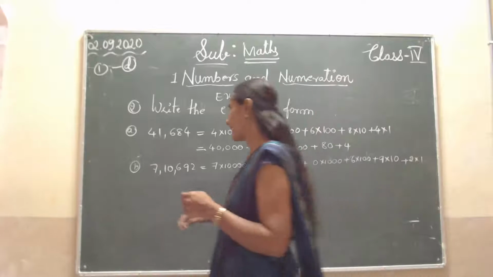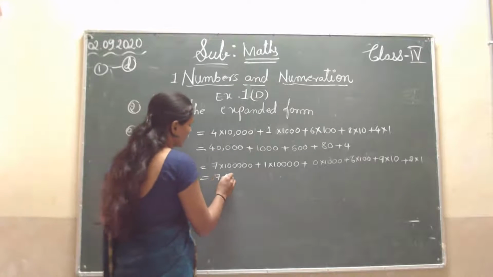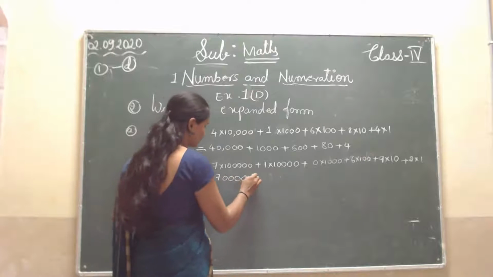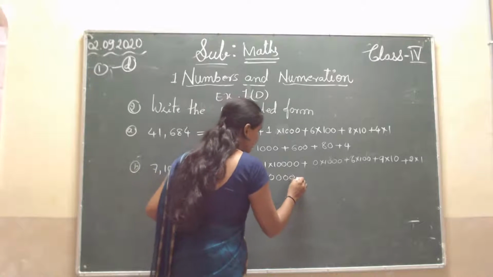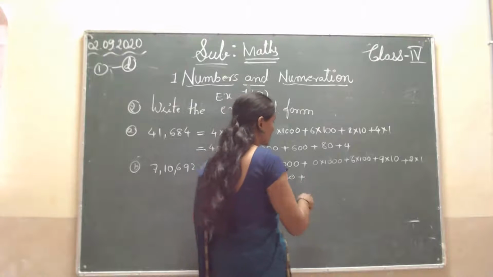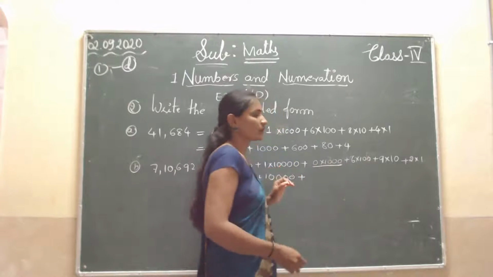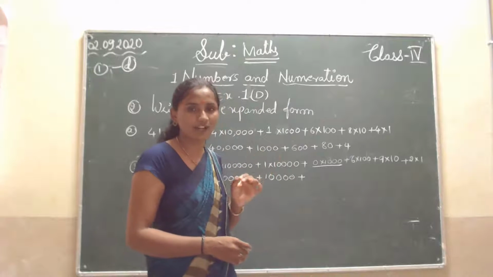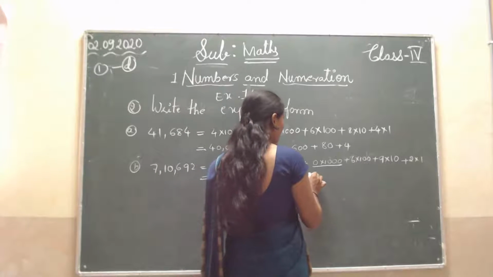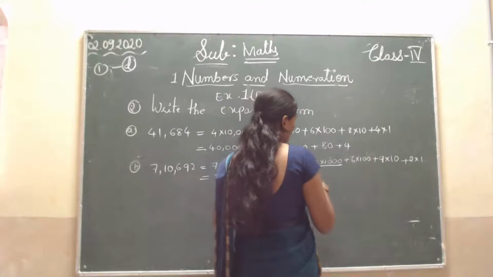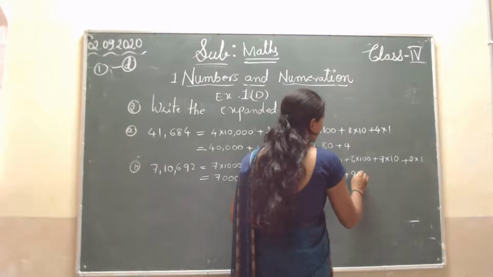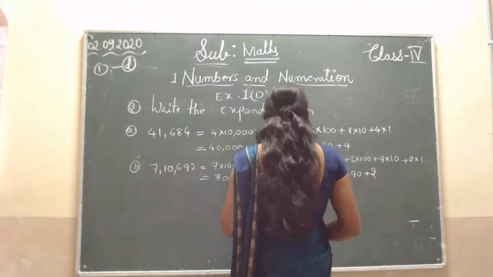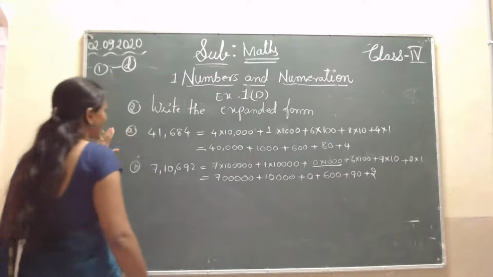So if we write the next step: 7 into 1 lakh is 7 lakh plus 1 into 10,000 is 10,000. So 0 into 1,000, that value is 0, so we'll write it directly. Okay, next is the 600. So next is 90. 2 into 1 is 2. So this is the expanded form.